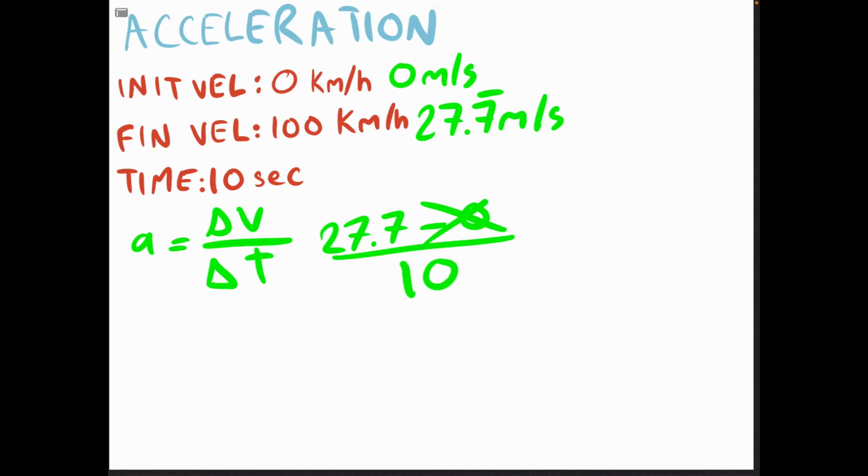So we have 10 seconds as the time because it's the time it took to go from the initial velocity to the final velocity. Then we simply divide 27.7 by 10 and give a result of 2.7, repeating, meters per second squared. Squared because we know it is the acceleration. In other words, it is 2.7 meters per second per second.